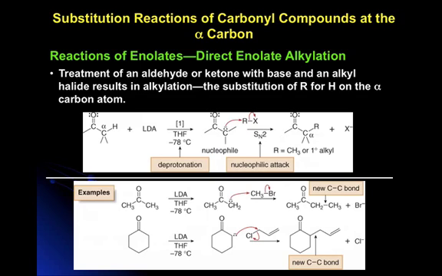Now, we can use enols and enolates to make carbon-carbon bonds. So, for example, if we take a ketone, as we have here on the slide, and treat it with LDA, THF, minus 78 degrees, we're going to generate what enolate? Kinetic or thermodynamic? Kinetic, right?